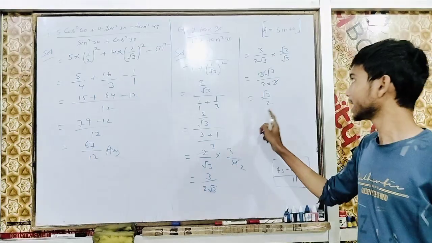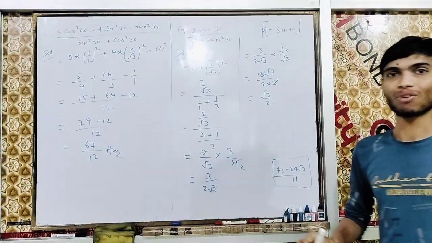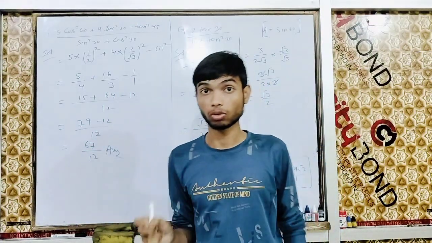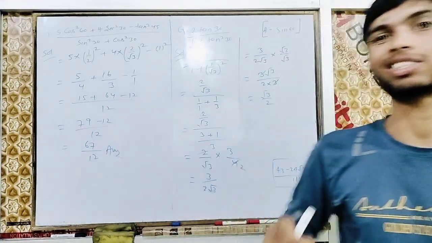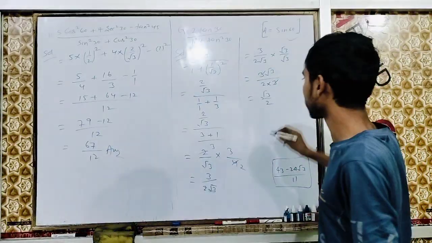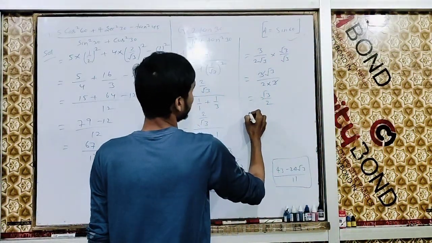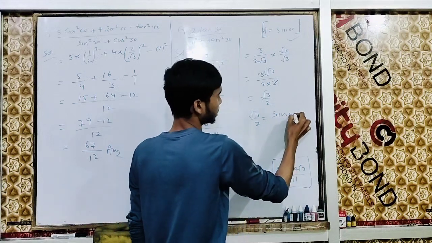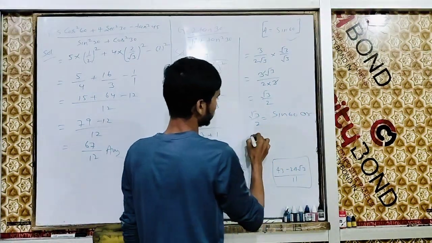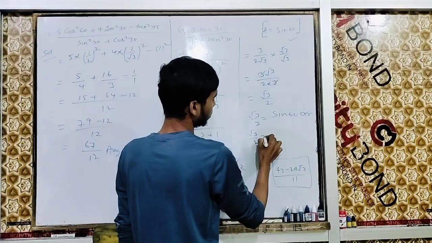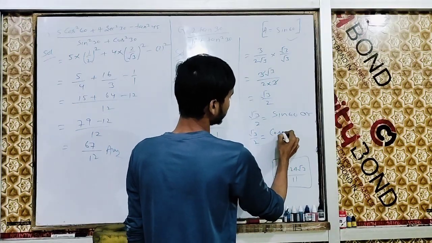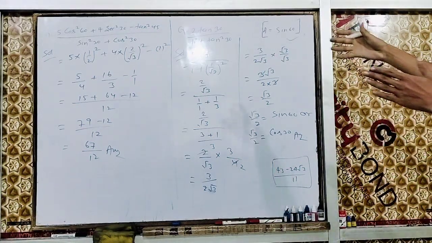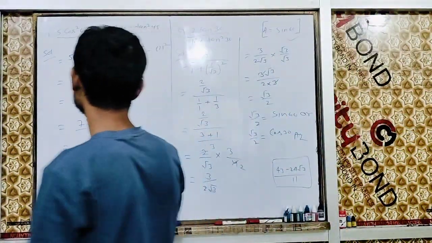We know that this is the value of the trigonometric function of sine 60 degree or cos 30 degree. So we can say root 3 upon 2 is equal to sine 60, or it is equal to cos 30. Clear?